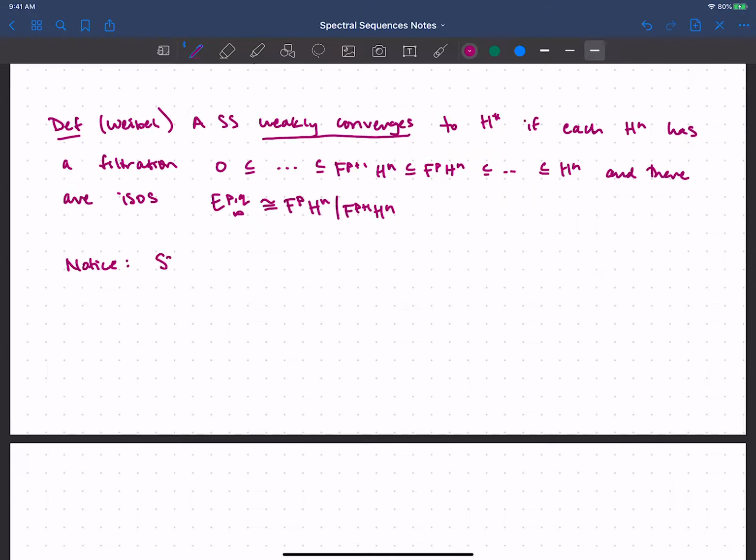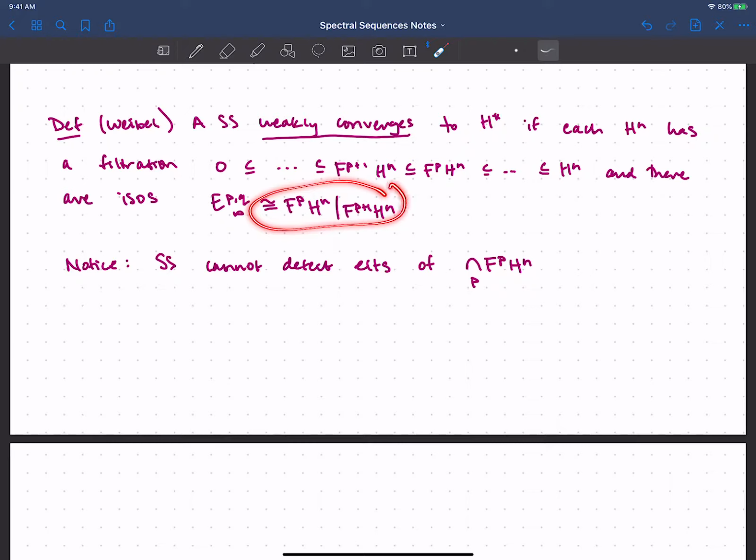So one thing is that the spectral sequence cannot detect any elements of the intersection of all the filtered pieces. Okay, so if I had something that was in the intersection of all of them, then it would end up dying in each of these filtration quotients, and so I just wouldn't even see it here on the E infinity page, right?